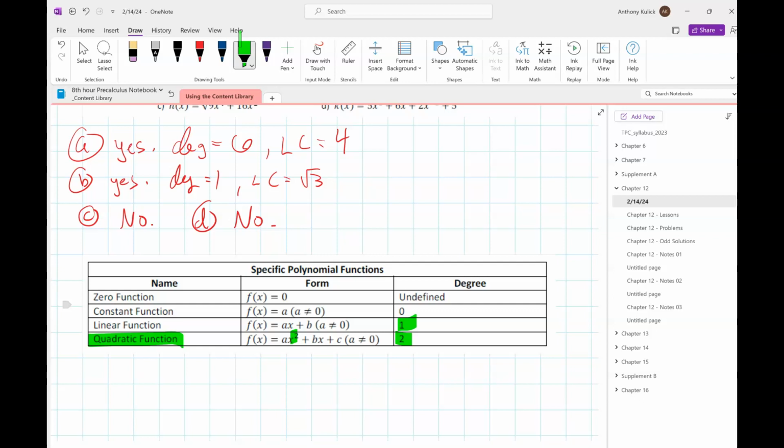Degree 1 is linear. Degree 0, well, that's constant, right? Because there's no bx to the 0, which is just 1. And then if you have no degree, well, that's just 0. Well, that's a 0 function. Again, just a little bit of vocab there. Not super duper important, but we should have a common language to talk about things.